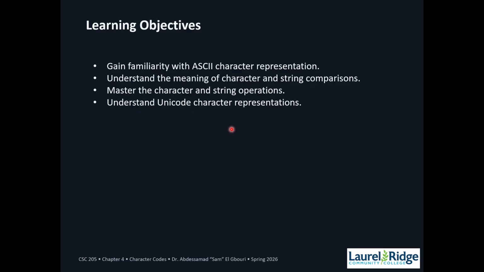Unicode is the next level from ASCII. We had some issues with ASCII because it was limited, 7 bits only. Then we decided, how about we go to 8 bits or maybe 16 or maybe 32, because we wanted to represent other languages, for example, because ASCII is only mainly English.